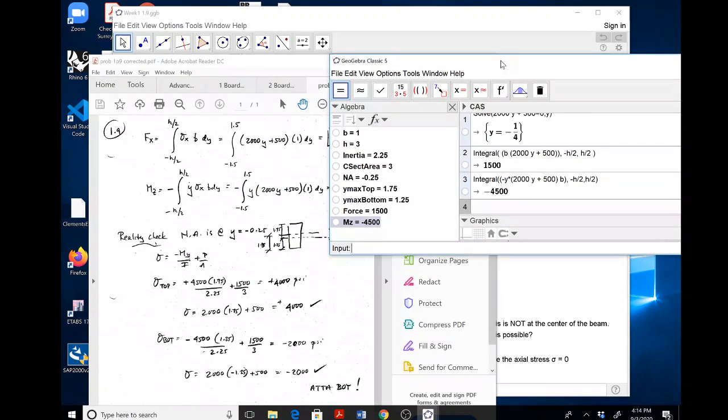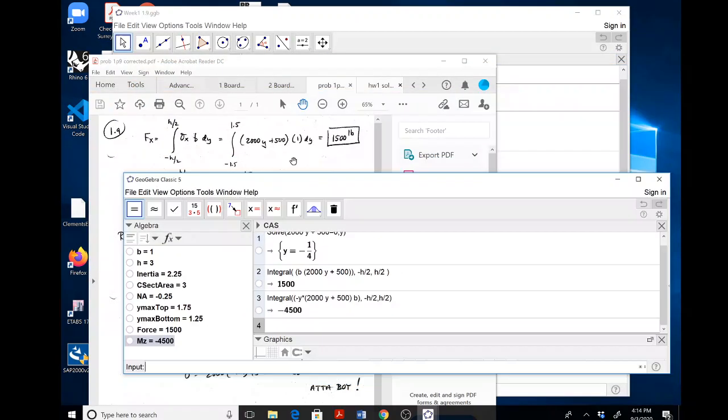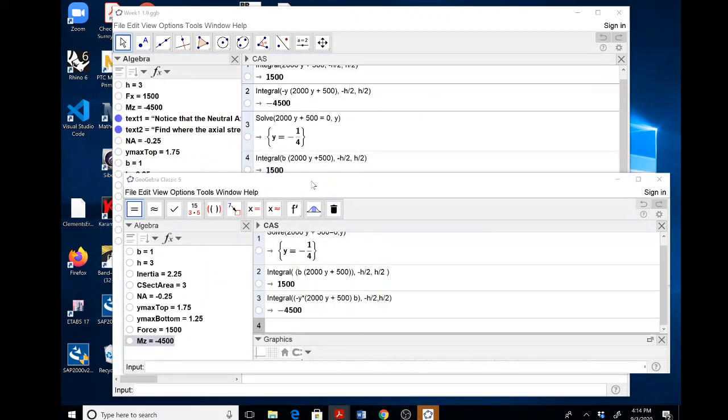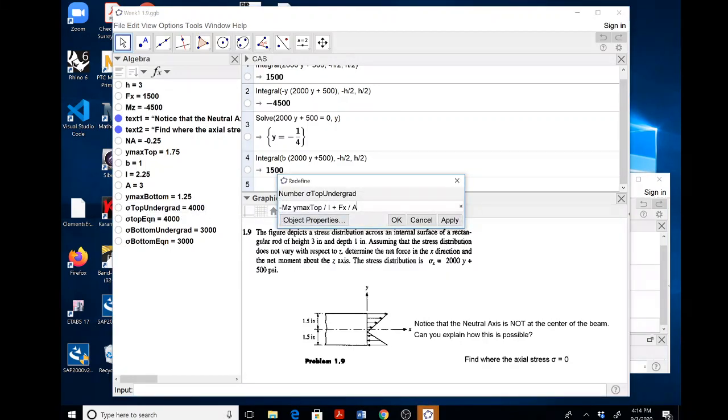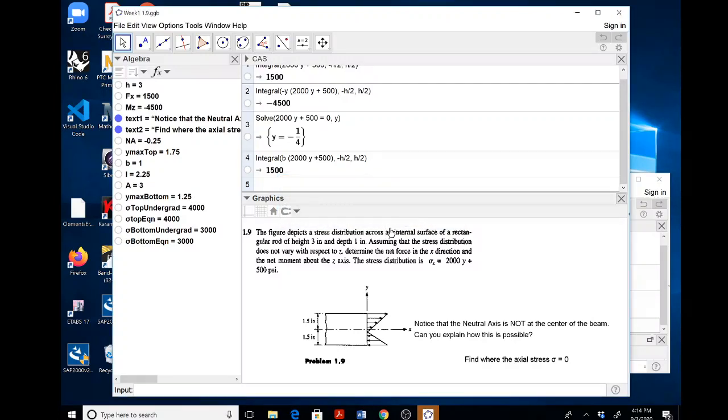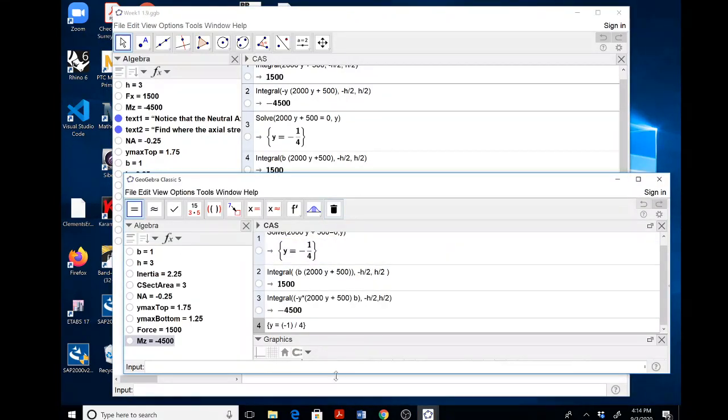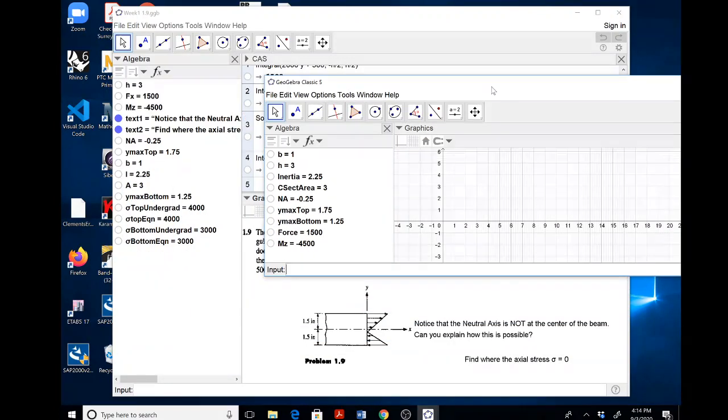What is the undergraduate expression? So here it is. The undergraduate is mz y over I with a minus sign plus f over a. So let's program that in here. And we could close our CAS window now. We just did it to get those moments, right?